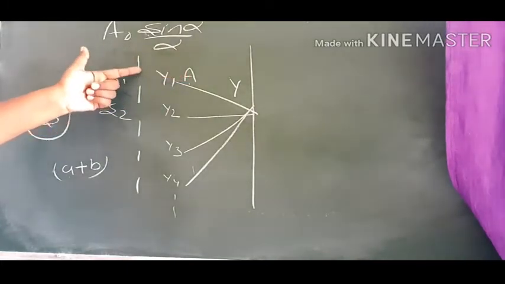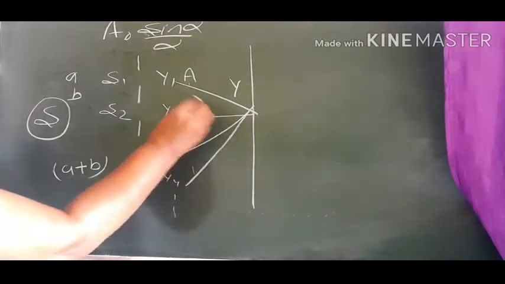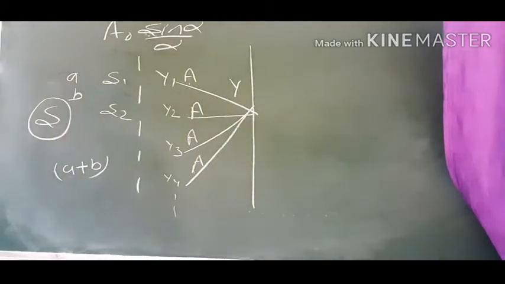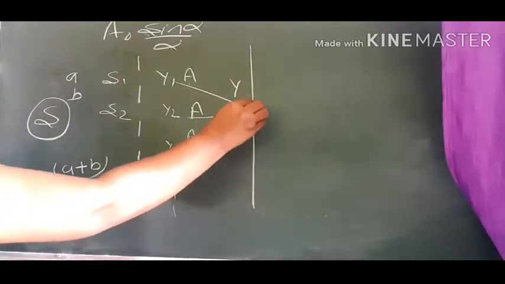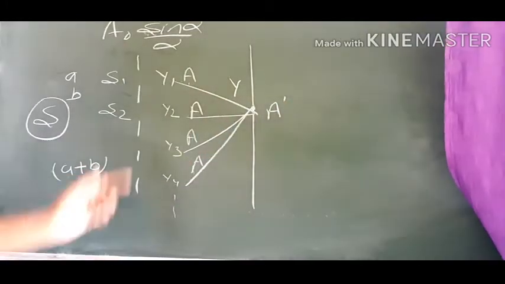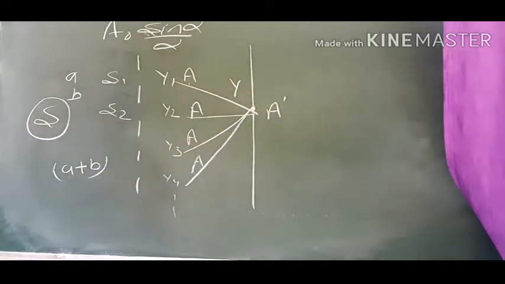So the amplitude of this is also A. And we have to find the resultant amplitude. Suppose this is A dash. We have to find this amplitude now.